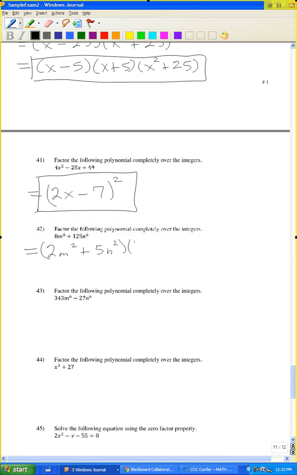The square of 2m squared is 4m to the fourth. Change the sign. 2m squared times 5n squared is 10m squared n squared. 5n squared quantity squared is 25n to the fourth. And you are done.